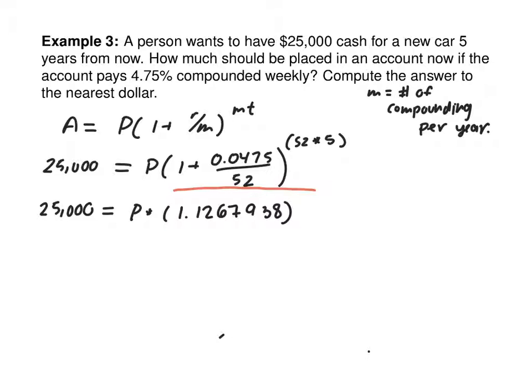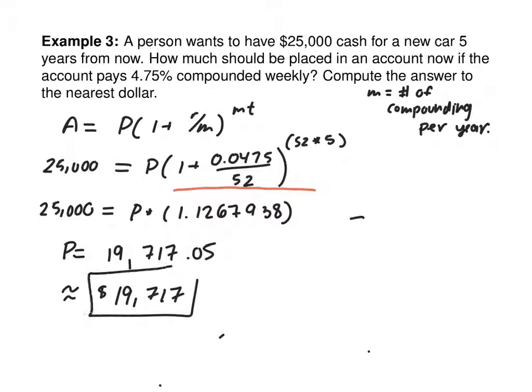Anyhow, now just do 25,000 divided by that number, and you get P is approximately 19,717.05, or about 19,717. In most calculators, it saves you time not to punch every single little digit in. Does that make sense? There's a little button that says ANS. Do you see it on there anywhere?